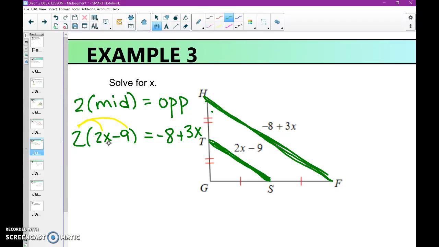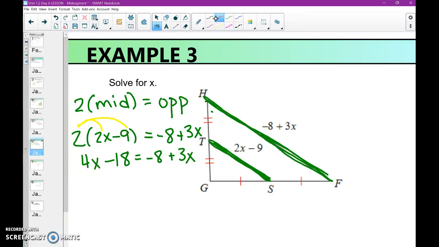So 2 times 2x becomes 4x. 2 times negative 9 becomes negative 18. Notice on this right-hand side, there's no doubling. There's no anything happening to it. All I have to do is double the mid-segment, and it should now be equal to the opposite side. So I'm just going to bring down the negative 8 plus 3x.